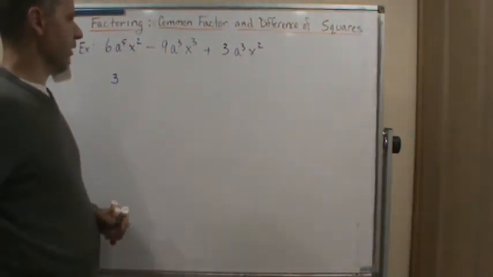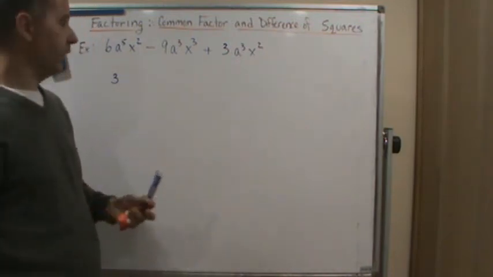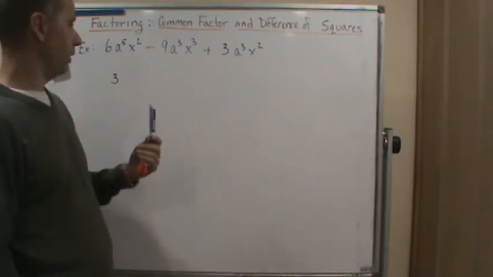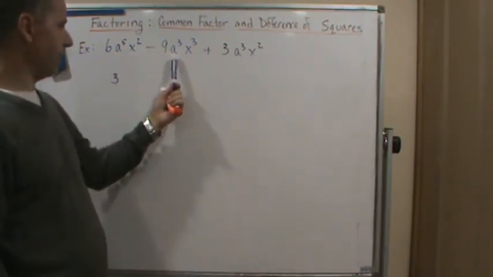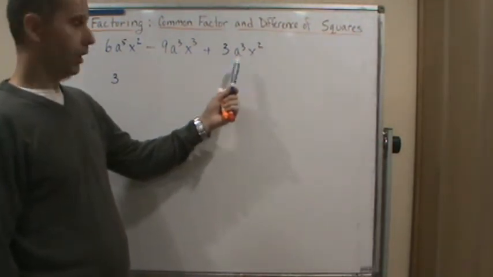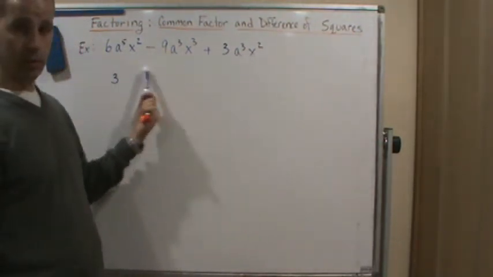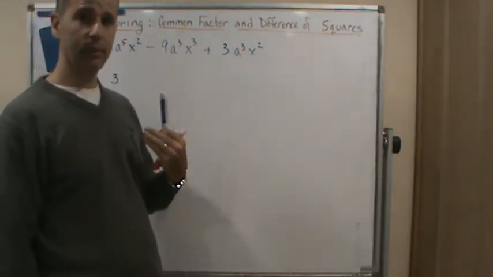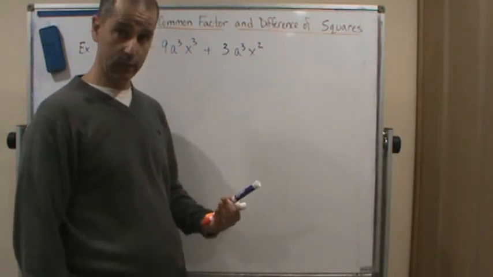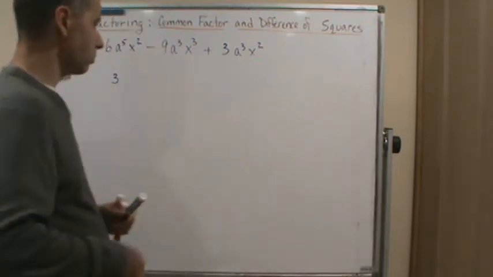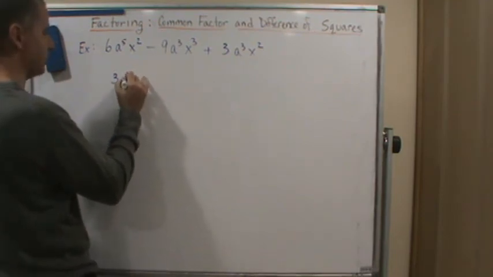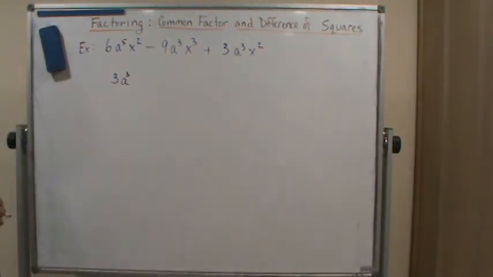So we're restricted by A to the 3rd, because we can't pull out an A to the 5th when we only have 3 of them here. We can only pull out based on the limiting exponent, which is always the smallest exponent. So in this case, it's A to the 3rd. That's the maximum power that we can pull out of all 3.